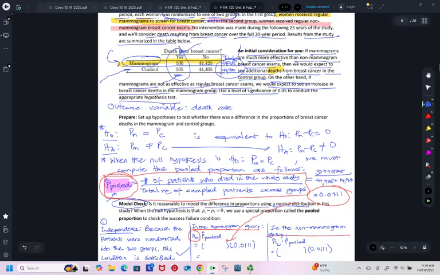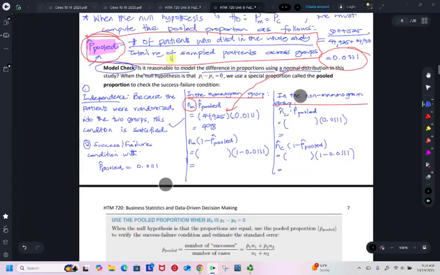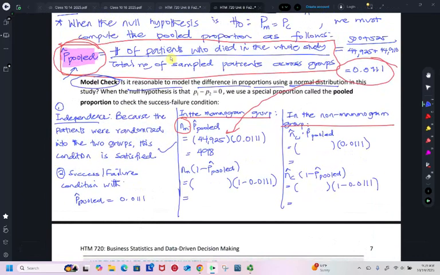So I have 44,925 multiplied by the pooled proportion. That'll give 498.6675, which we like, since it is greater than 10.